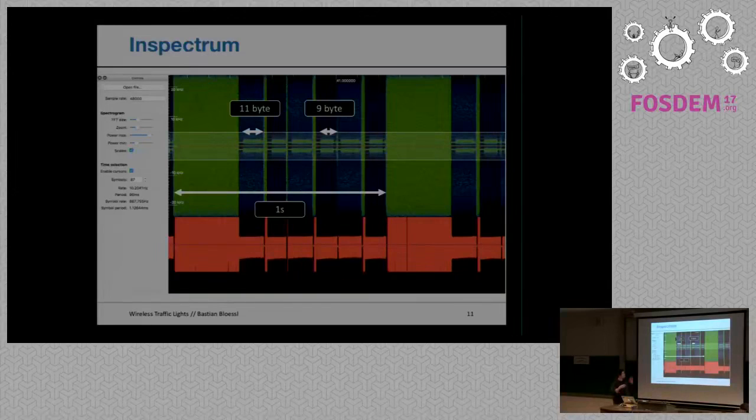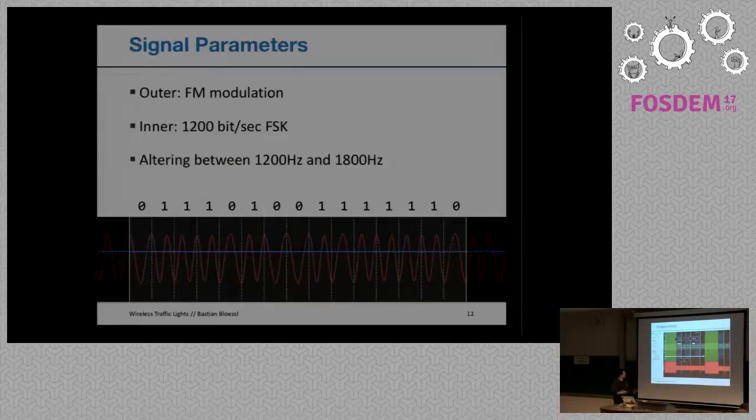Okay, so this is a very rough, zoomed out version of the signal. So let's have a closer look. This is also in Spectrum still. It allows you to look at the signal and also have an overlay that helps you in finding the bit boundaries.